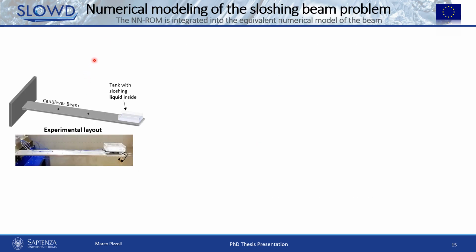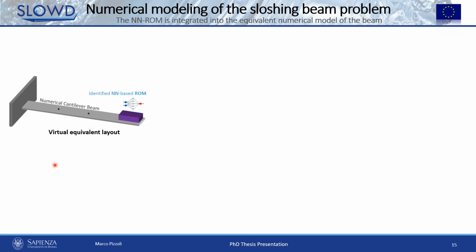Practically, for the validation, a numerical model equivalent to the experimental one is first made, in which the identified neural network ideally replaces the tank with the liquid inside it, as represented here.